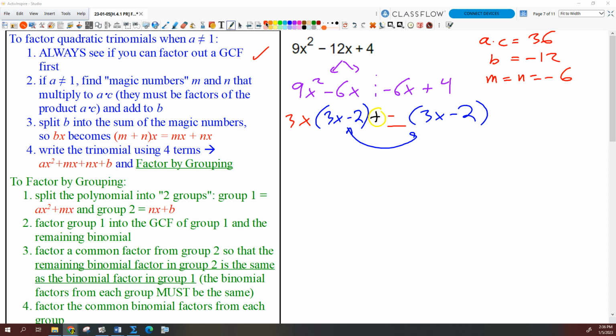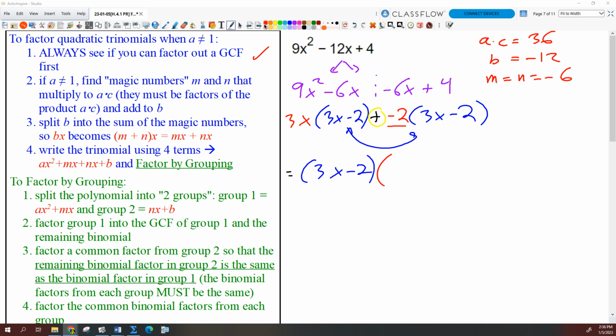Negative 2, okay? Well, now look what we've got. We've got two terms separated by that bright plus sign, and each term has a common factor that I could undistribute. The blue factor is a common factor to each term, right? So if I undistribute that, what do I get? If I undistribute the 3x minus 2, what am I left with?